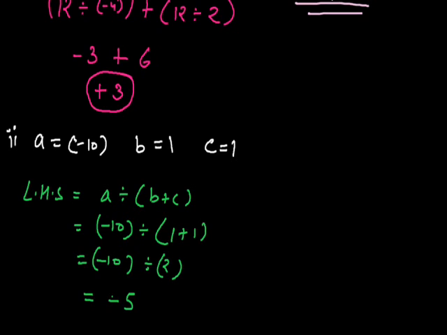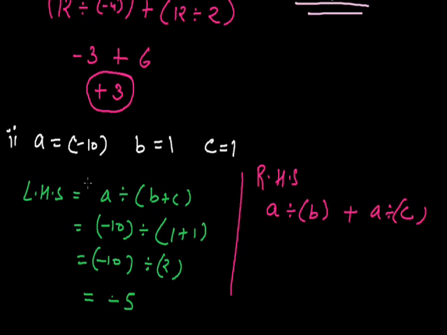Now let us simplify the right hand side. In the right hand side we have A divided by B plus A divided by C. Here the value of A is minus 10, B is 1 and C is also 1. So minus 10 divided by 1 plus minus 10 divided by 1.